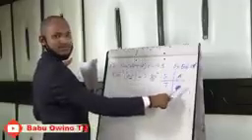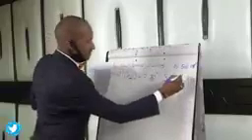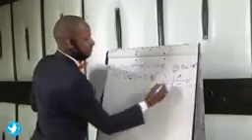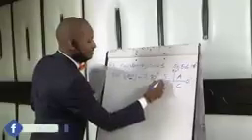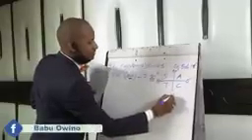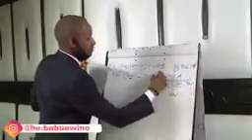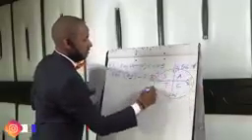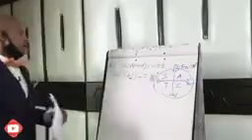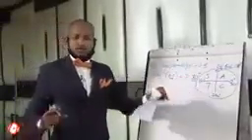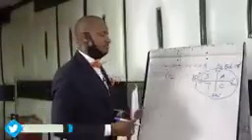So this angle is 0 degrees, this is 90 degrees, this angle is 180 degrees, this angle is 270 degrees, and this angle again is 360 degrees. So in this quadrant circle, we want to find all the quadrants where the sine is negative.